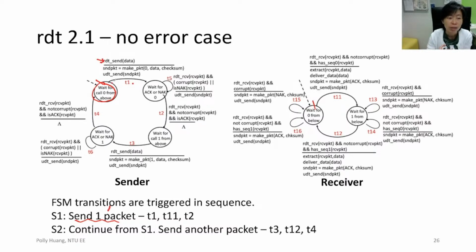So obviously, the first transition we'll be taking is at the sender side, and it's T1. It matches this event here, and it's going to complete all the actions listed here, which is to generate data packet 0 and send it out. At this point, the sender enters the wait for ACK or NACK 0 state.